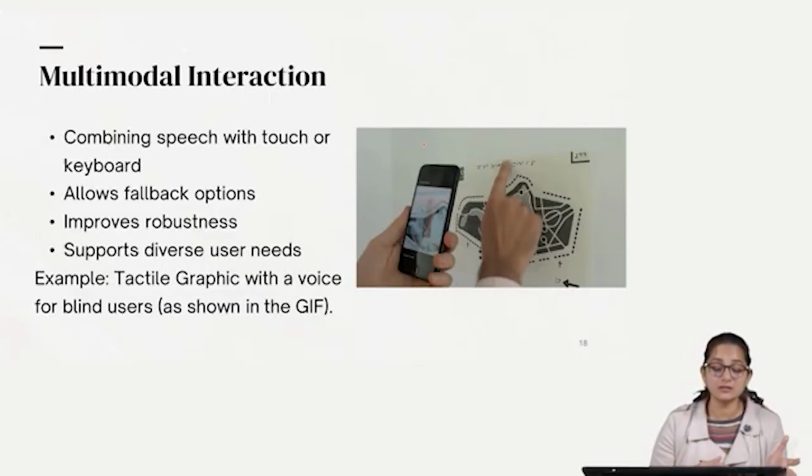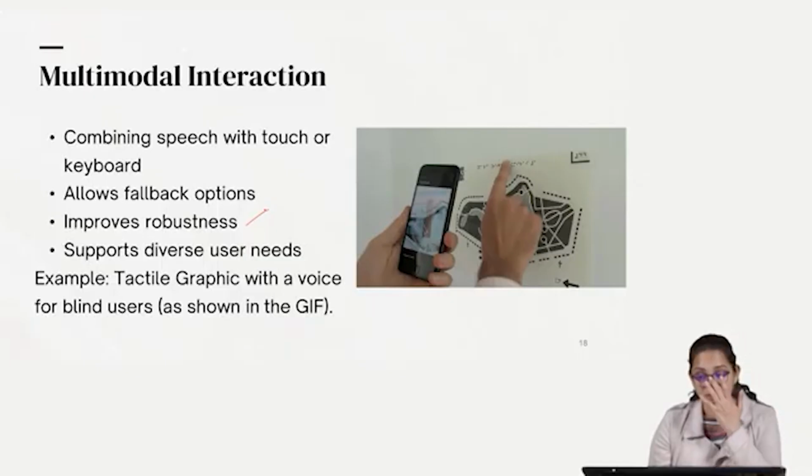If there is some error correction, I can have fallback options. If there is an assistant available to help me, they can also interact with the same system. So it improves robustness and supports diverse users. For example, a tactile graphic with a voice for blind users is a good example of multimodal interaction.